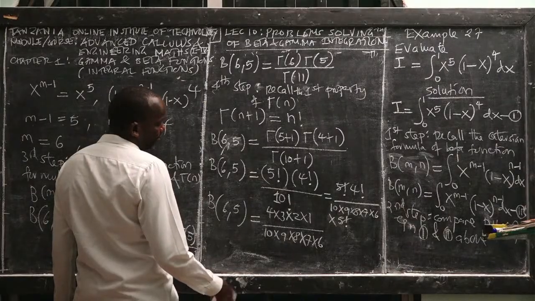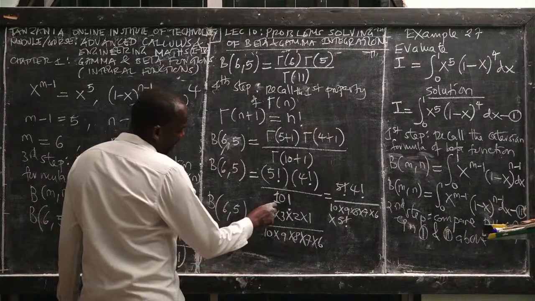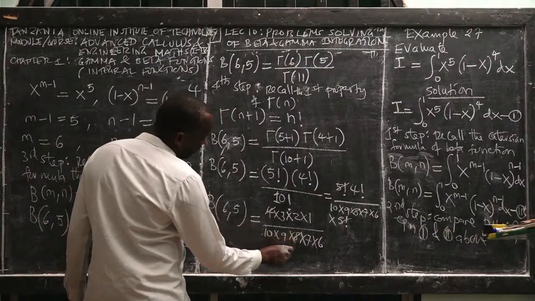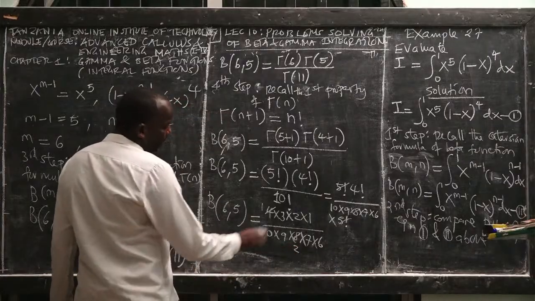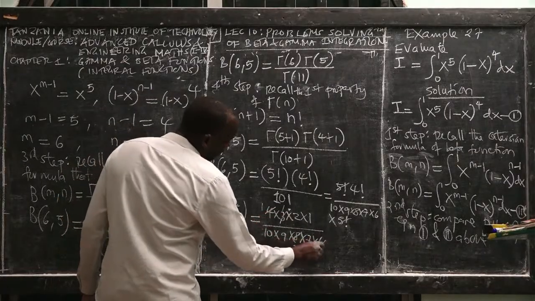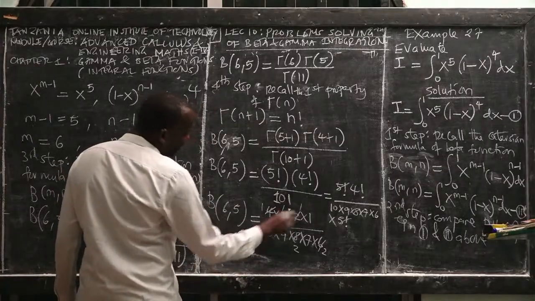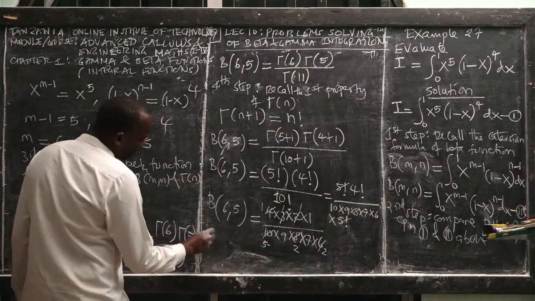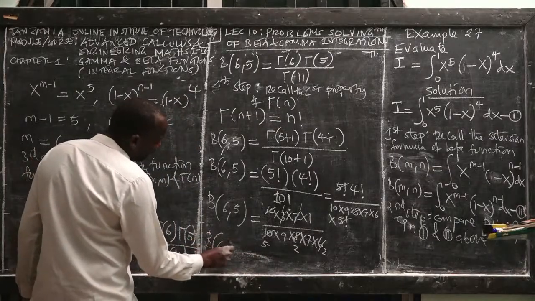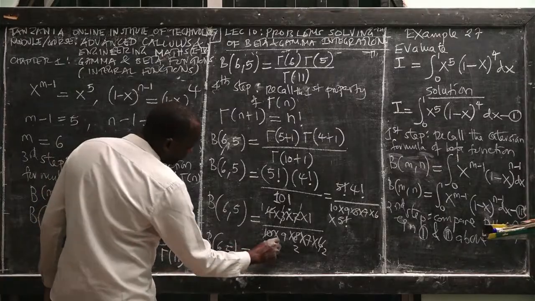So we can simplify further. By 4 and this by 4, by 4 one, by 4 you get 2. By 3 one, by 3 you get 2. Then by 2 one, by 2 you get 5. To reduce, beta of 6 comma 5 is equal to what? In the numerator we have 1.